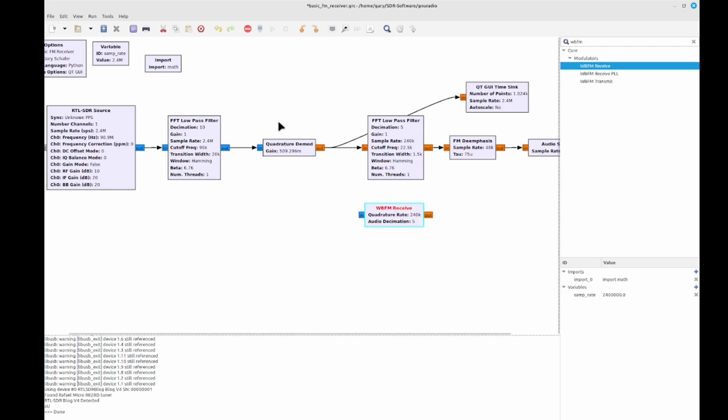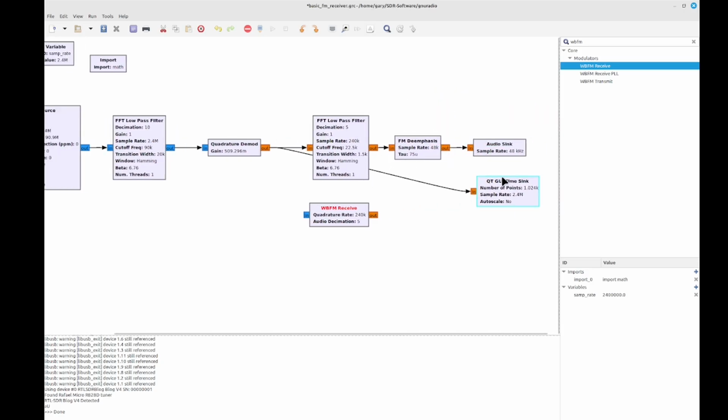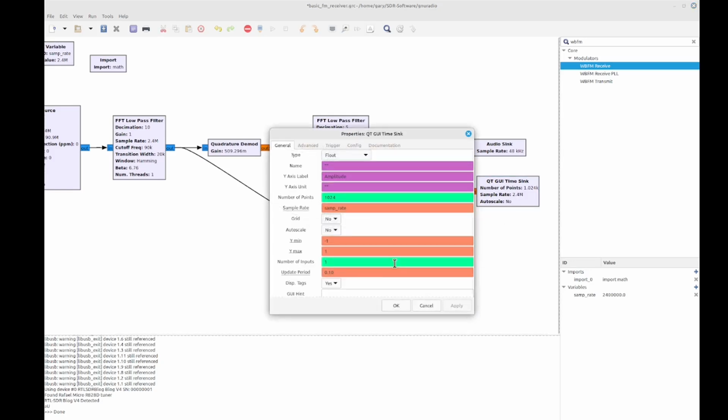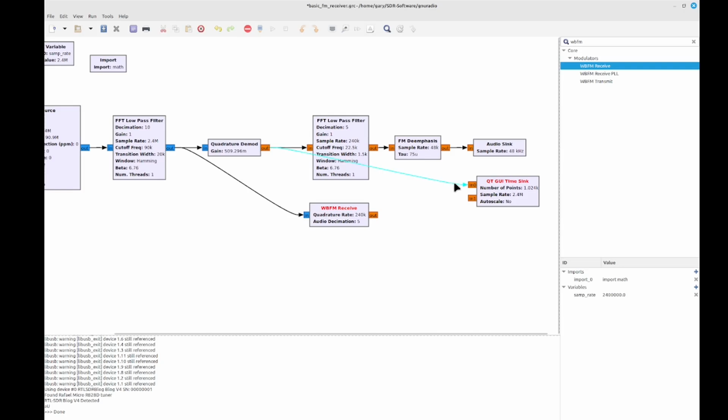This is now exactly the same as what I have in these three blocks. And I can demonstrate that by taking the output here, adding another input to here, and then moving this to here, this to here.